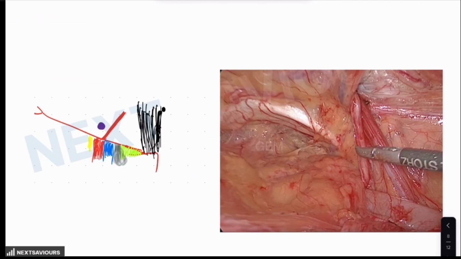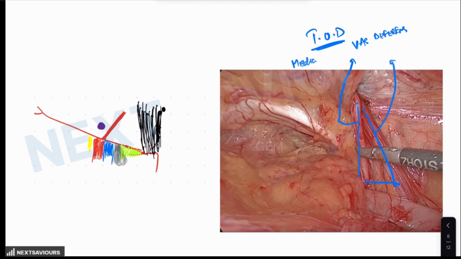Okay. Now again, some important triangles which you need to remember for laparoscopic surgery. This here is the triangle of doom, which is bounded medially by this structure, the vas deferens.